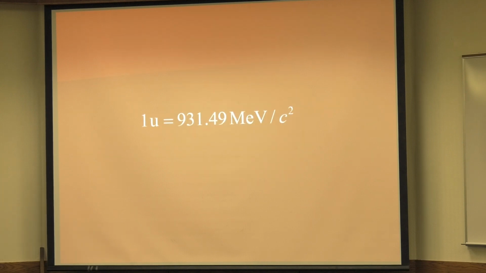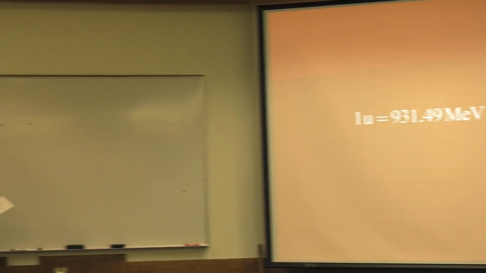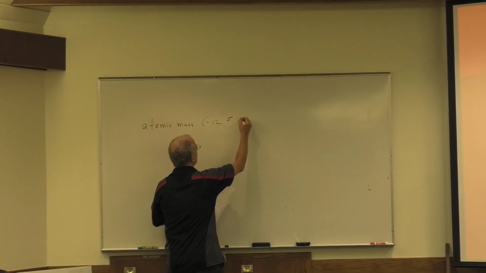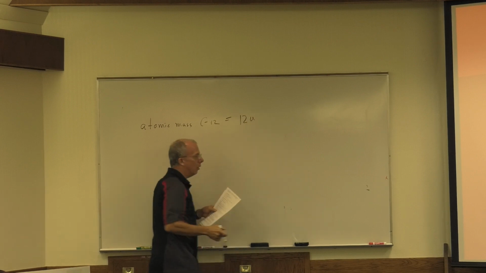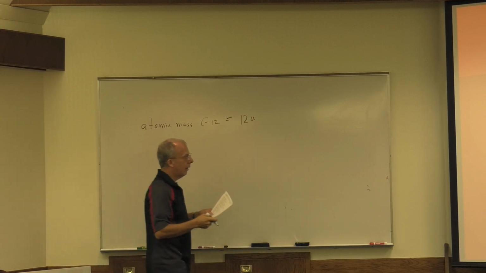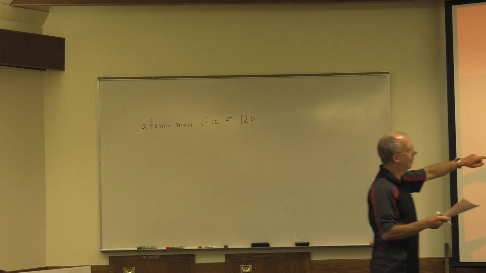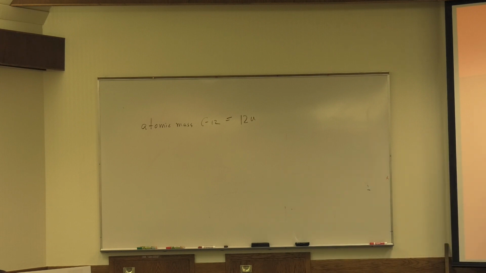When you do nuclear physics, for whatever reason, they have their own system of units. So you've got to do it. The atomic mass of carbon-12, with 6 protons and 6 neutrons, is equal to 12 U. Now look at it, we're using relativity.